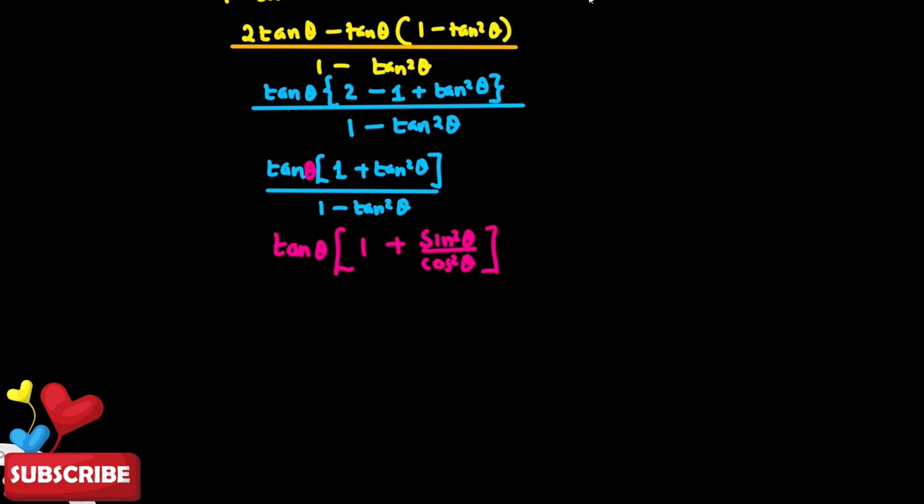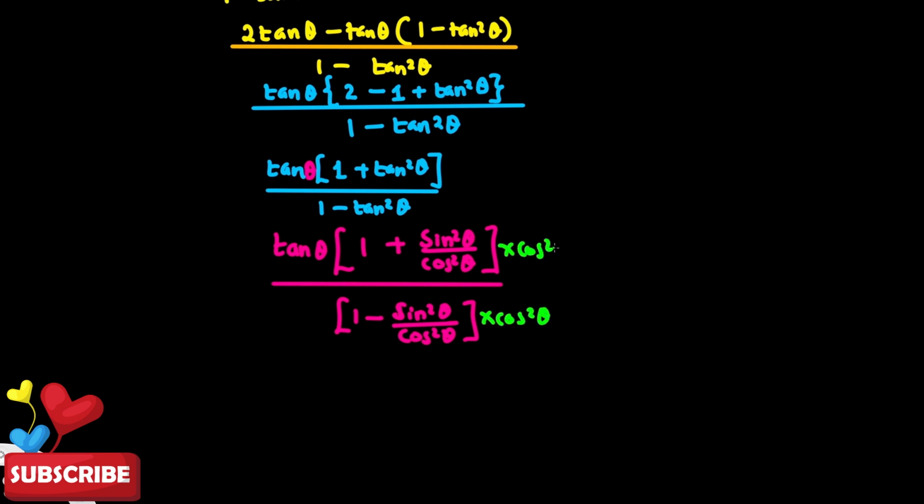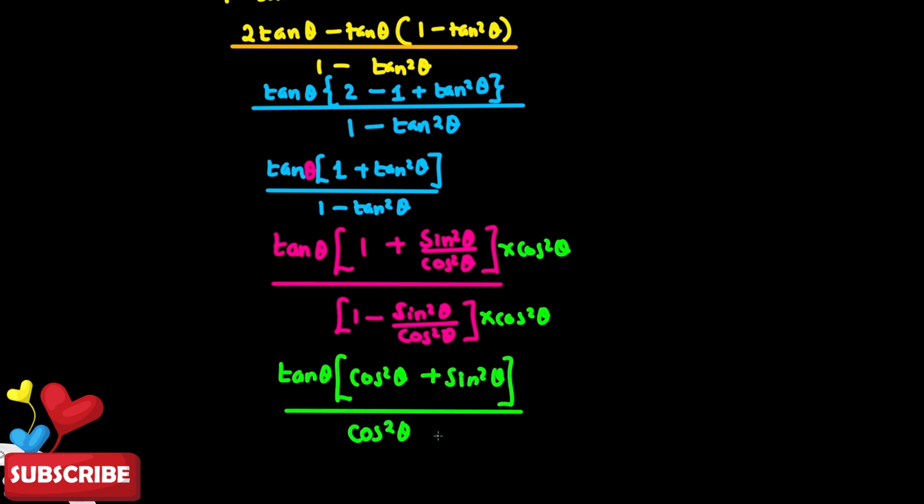So we can express tan squared theta as sine squared theta over cos squared theta, and also this other part we express in the same way. Then we can multiply by cos squared theta at the denominator and numerator, so that we can get rid of the fraction.